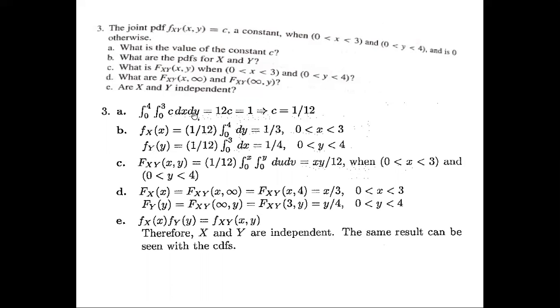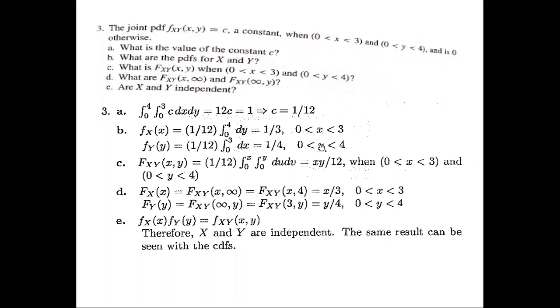The value of this is again c, which we already found as 1 by 12, and we integrate for y from 0 to 4 dy, and that gives us the value 1 by 3. Similarly, f of y is 1 by 12 integrated from 0 to 3 dx, which will give us 1 by 12 into 3, that is 1 by 4.